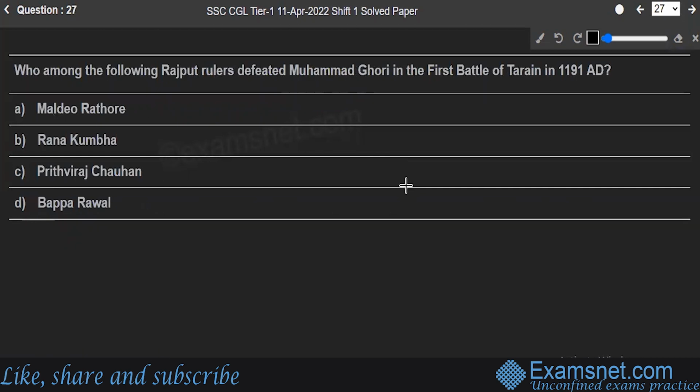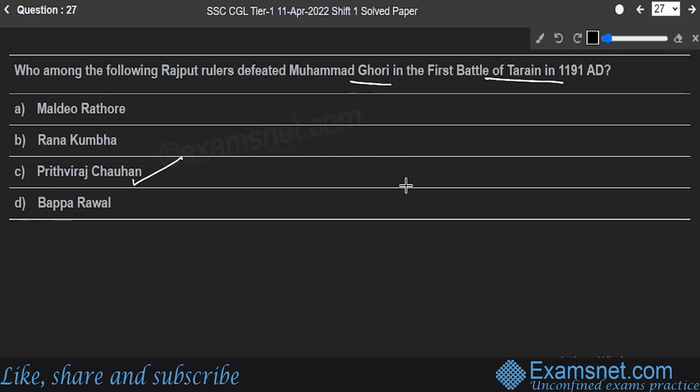I hope if you are a person who's fond of the history of India, you must be knowing the answer is Prithviraj Chauhan. The Rajput ruler Prithviraj Chauhan defeated Muhammad Ghori in the first battle of Tarain in 1191 AD.